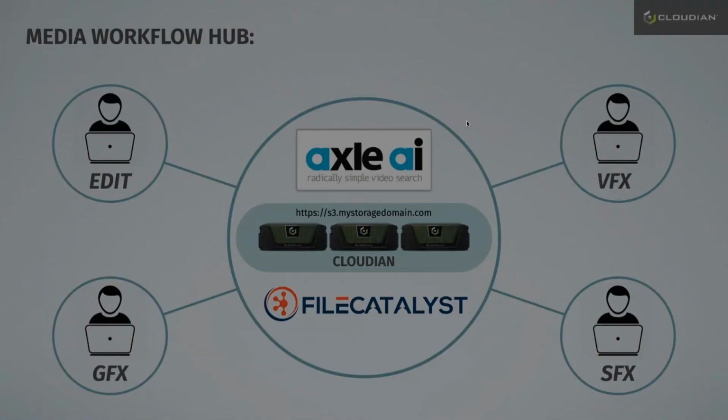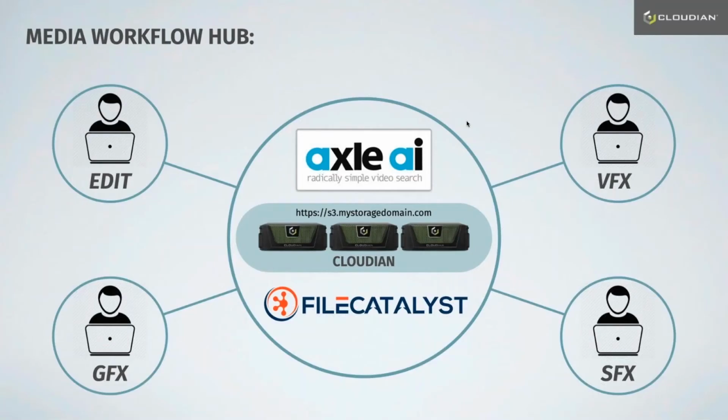Next slide. So how this fits in with our partners here is that when you integrate an asset management platform like Axle, which provides Elasticsearch, I can browse and search across my content libraries. I can look at thumbnails and video proxies, metadata listings, so I can find all of my assets. So I now have a scalable domain to store all of my assets, and a web interface to find, search, and get access to my assets.